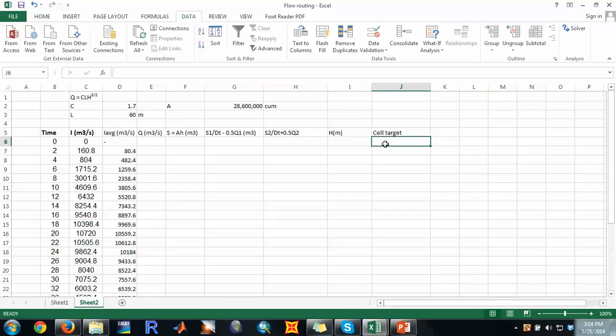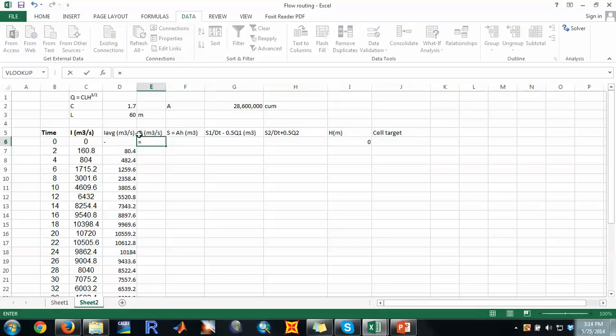So in this cell target, what we do is we directly calculate this value from area and the discharge calculated here. If we start with H equal to 0, then we can calculate Q at this point.